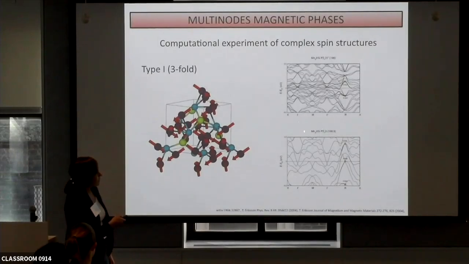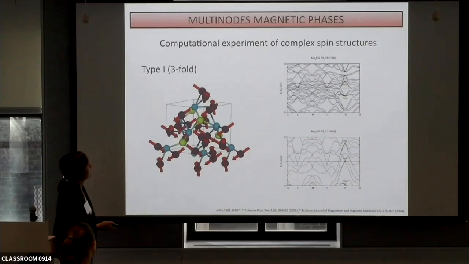One very interesting one we found is magnesium, platinum, iridium, silicon, which was predicted by Eriksson and his collaborators in Uppsala. This compound is a type 1 without any magnetization. It holds a 6-fold crossing at the R symmetry point.